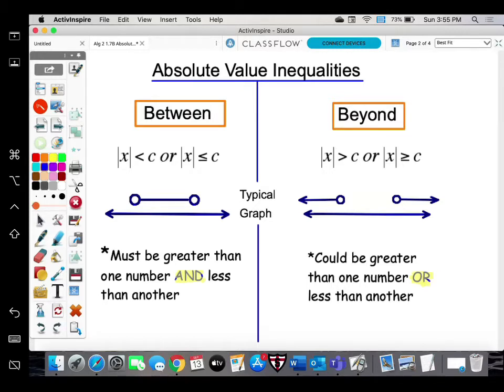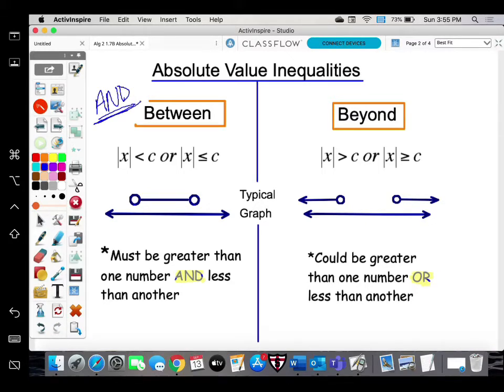Now, good things to notice are and inequalities are less than symbols or less than or equal to symbols. So I always say to my Algebra 1 students when we first learn this, we say less than a little bit funny, and it reminds us that we are doing an and inequality. So less than reminds you it's and.